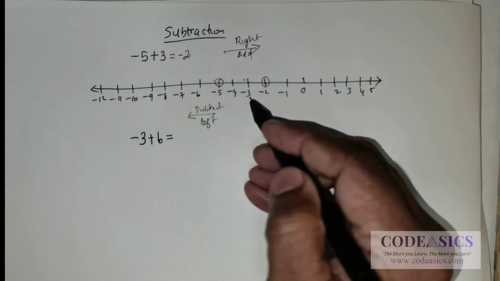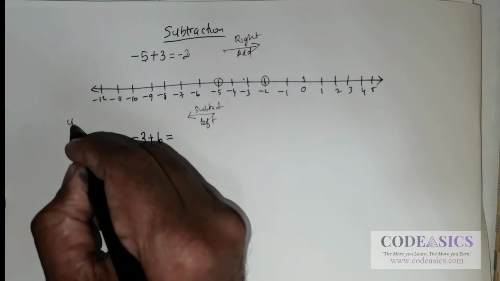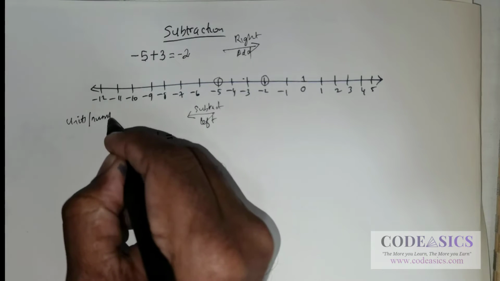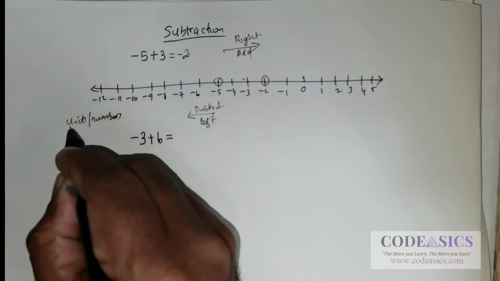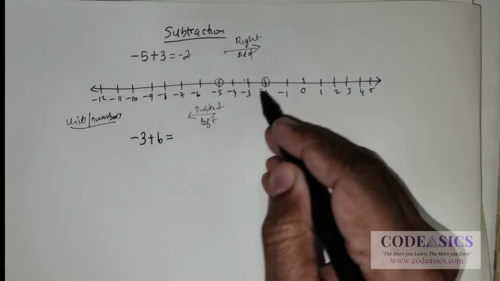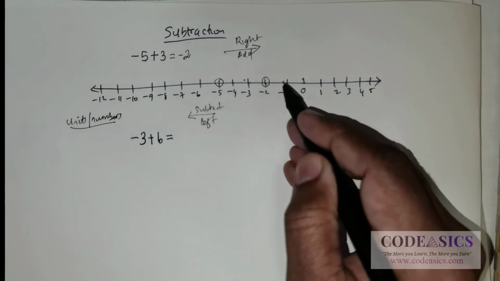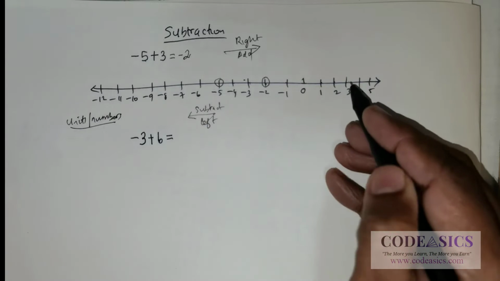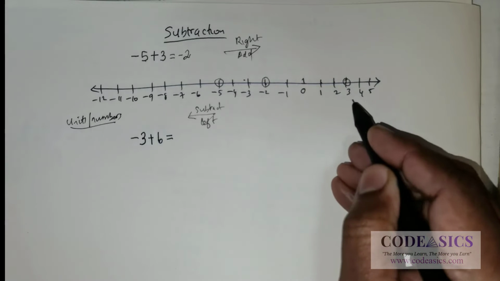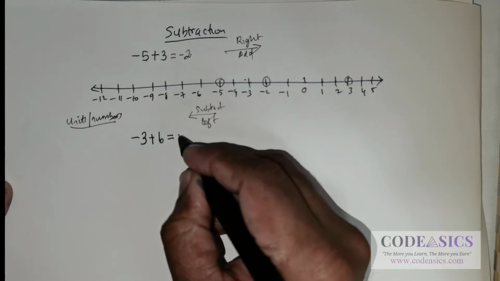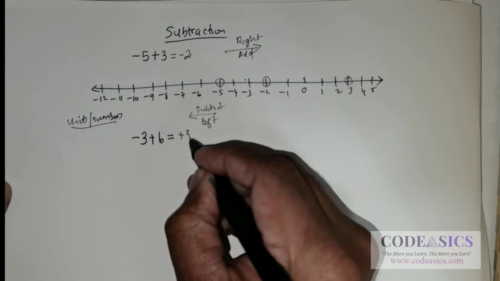When I say units, it means numbers. So I can either call it units or numbers. So count 6 units starting from -3. So it's going to be 1, 2, 3, 4, 5, 6. So where did we land? We landed at +3. So the solution for this is going to be +3.